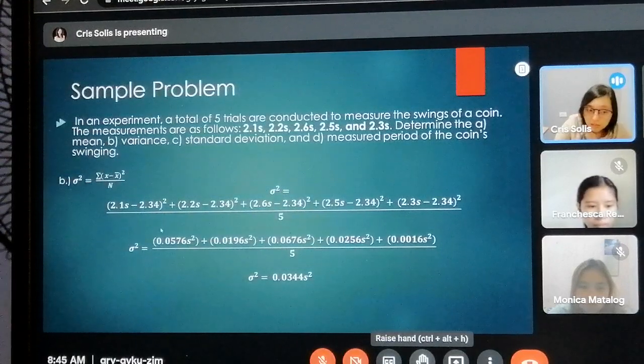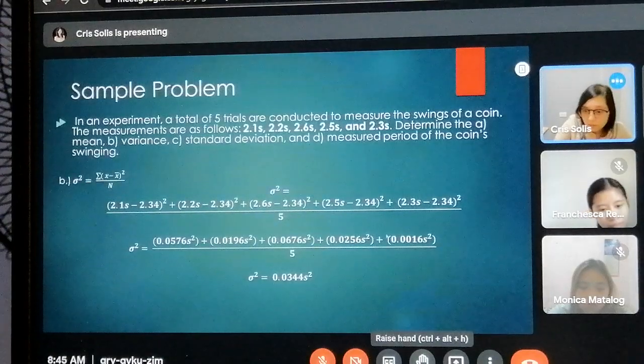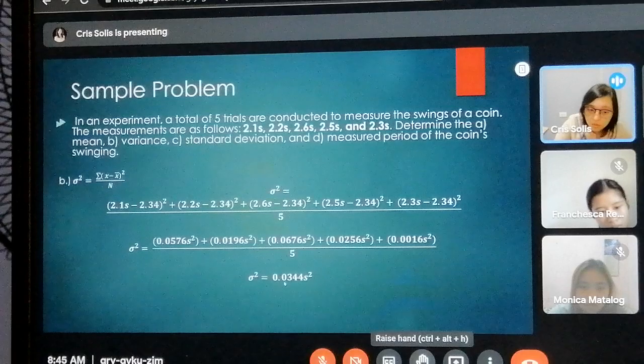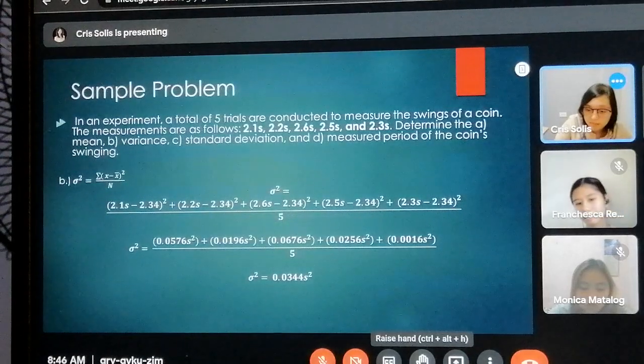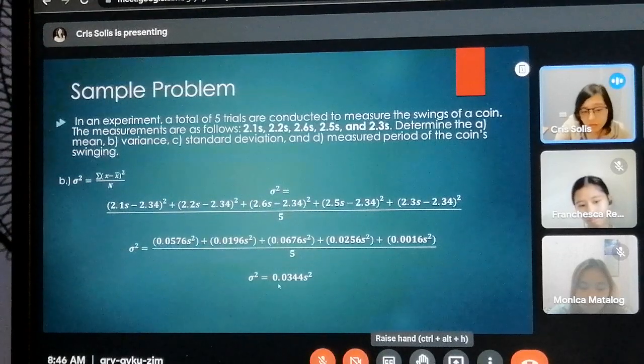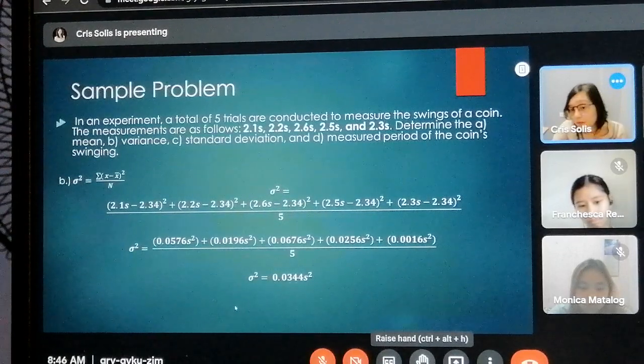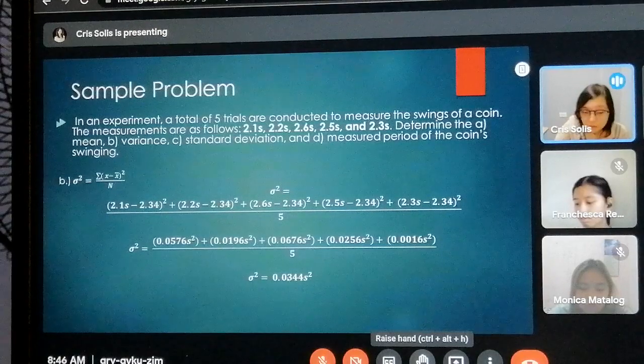After squaring everything, add all of them together and divide it by 5. That's why you got 0.0344 seconds squared. Sure, we're not going to round it off. No. I'm just showing you yung hindi naka-round off.